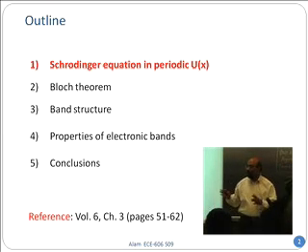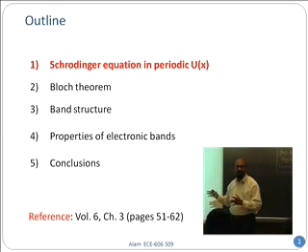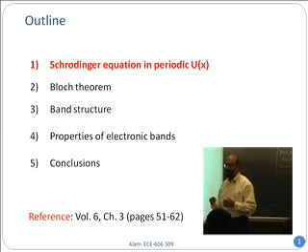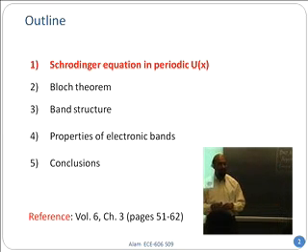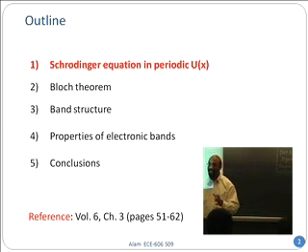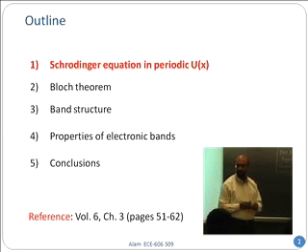Now remember why we want to solve the Schrodinger equation to begin with, because as I said, not all electrons participate in the conduction process equally. So if you want to know the resistivity of a material, we'd like to know which fraction of the total electrons are actually taking part in the conduction, are available for conduction.